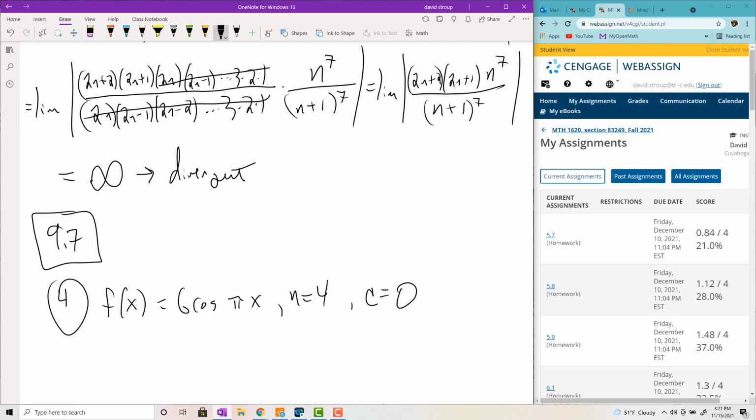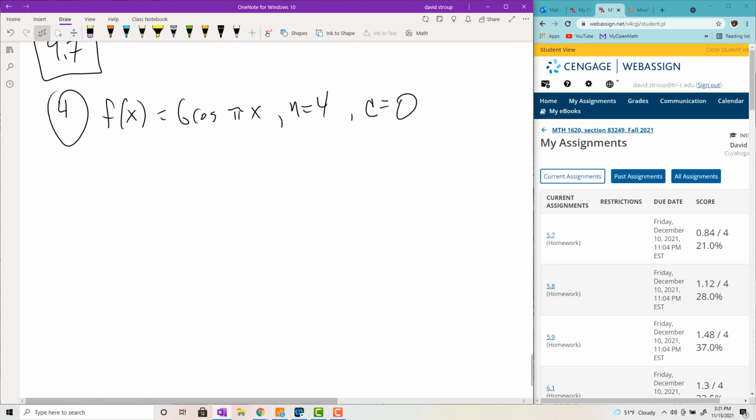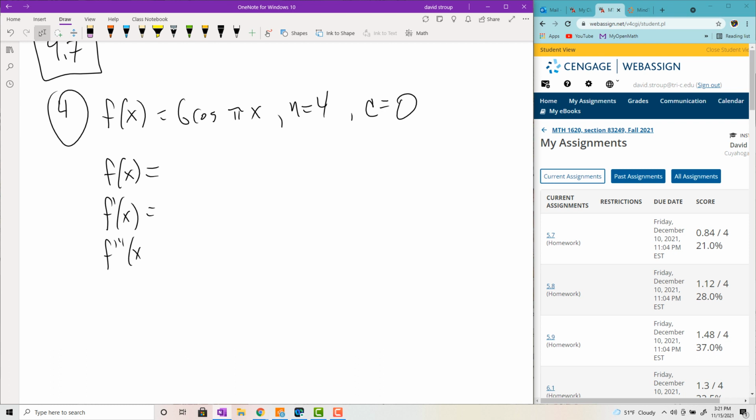I'm going to need 4 derivatives, and then I need to plug everything into the Maclaurin formula. You need the first 4 derivatives for a 4th degree polynomial.